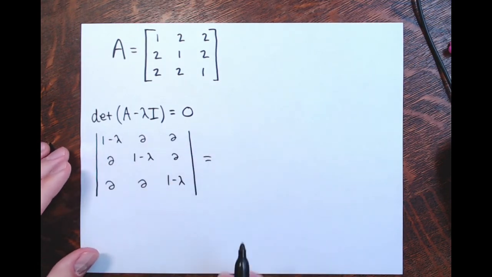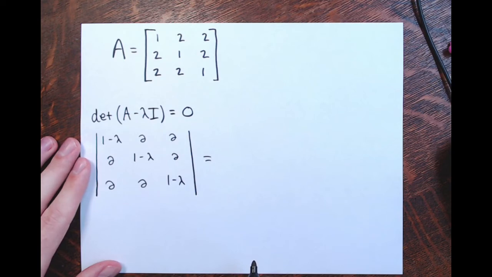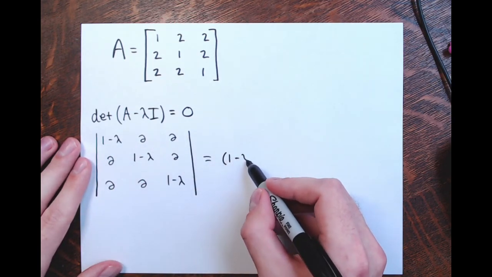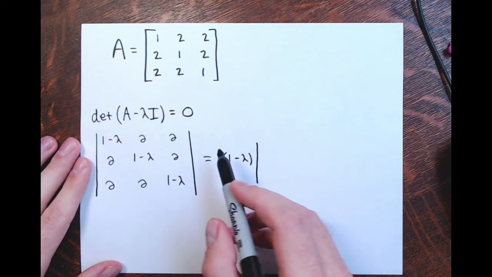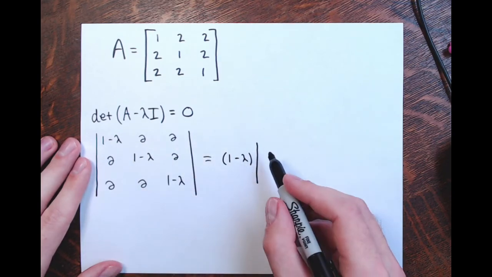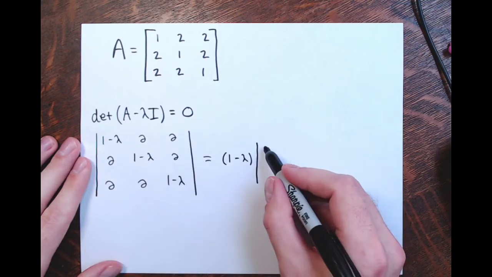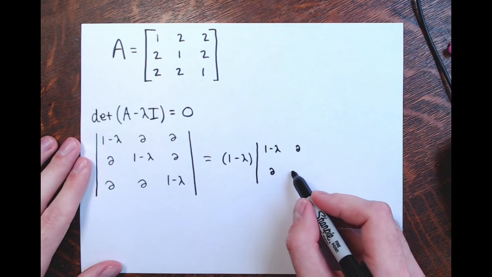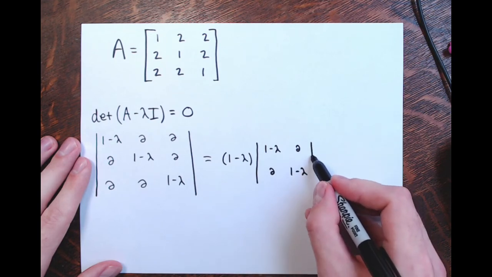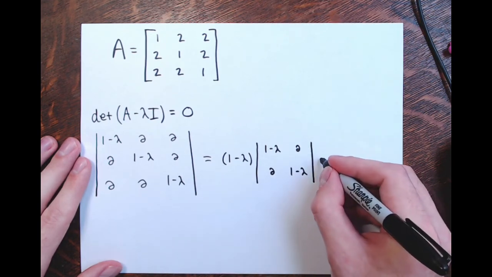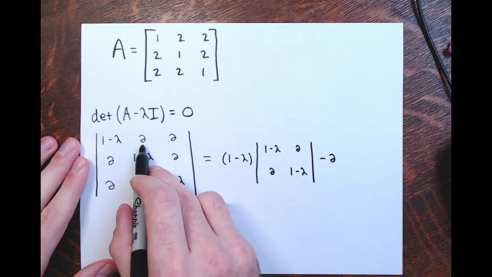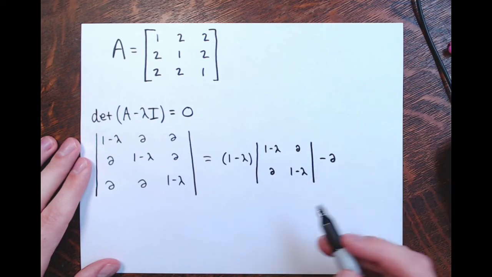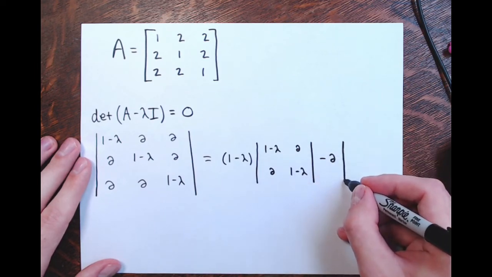So I'm just going to do some cofactor expansion here. So starting the first row, first column, do 1 minus lambda times the determinant of the minor, what's left over. Then minus 2, because again, this is in an odd position, so the cofactor will be the opposite of the minor. That's why I'm going minus 2 times the minor.